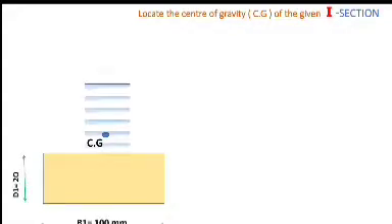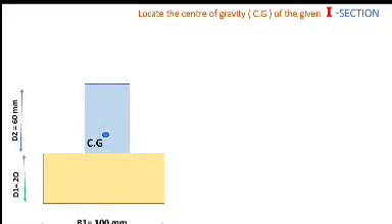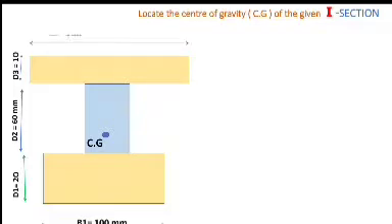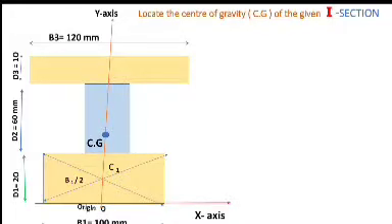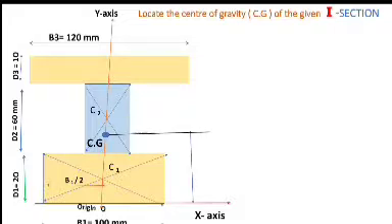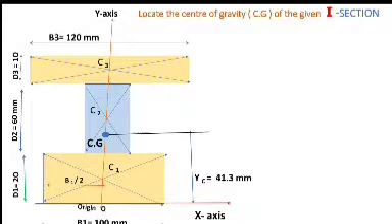Now I am showing the final position of the center of gravity of the I section. C1 is the centroid of the bottom rectangle, C2 is the centroid of the web, and C3 is the centroid of the top flange. Now CG is the centroid of the entire I section at a distance of yc equal to 41.3 mm.